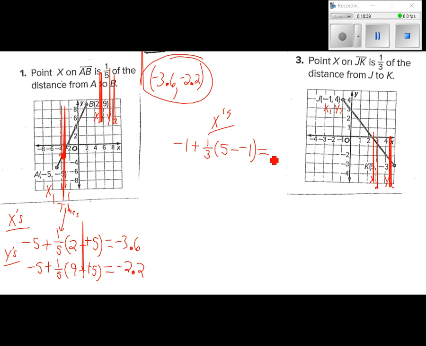Again, make sure you write down the work. Don't just write down the answers, I won't give you credit. There's 1, 2, 3, 4, 5 numbers there. Write down 5 numbers.